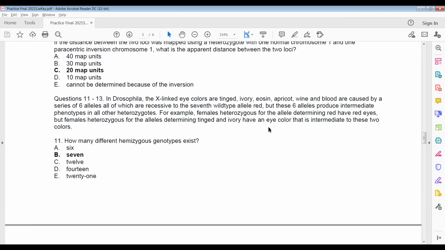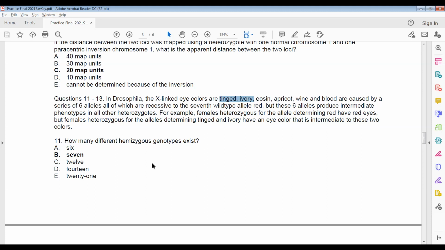The wild type allele is red, but we have 6 recessive alleles here that produce 6 different colors. And if any 2 of these recessive alleles come together, you're going to show the mixture of these 2 colors. So that's the question.